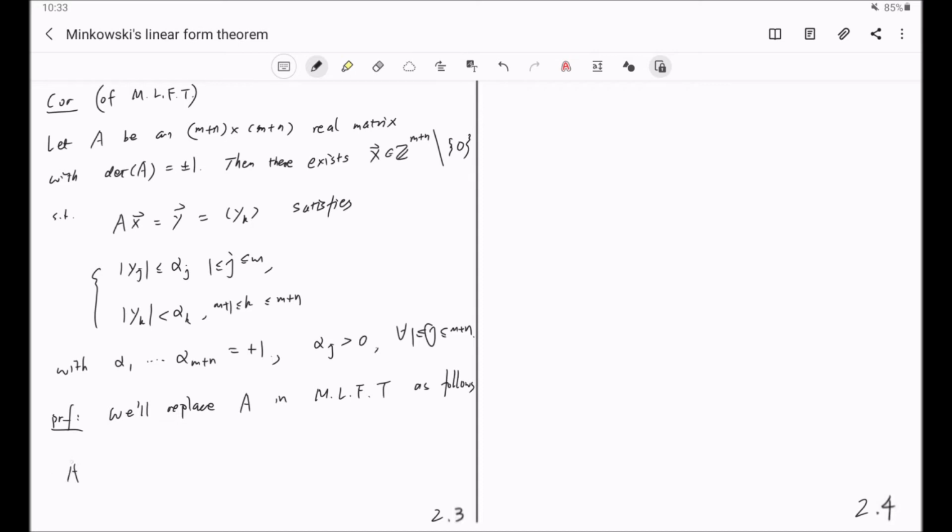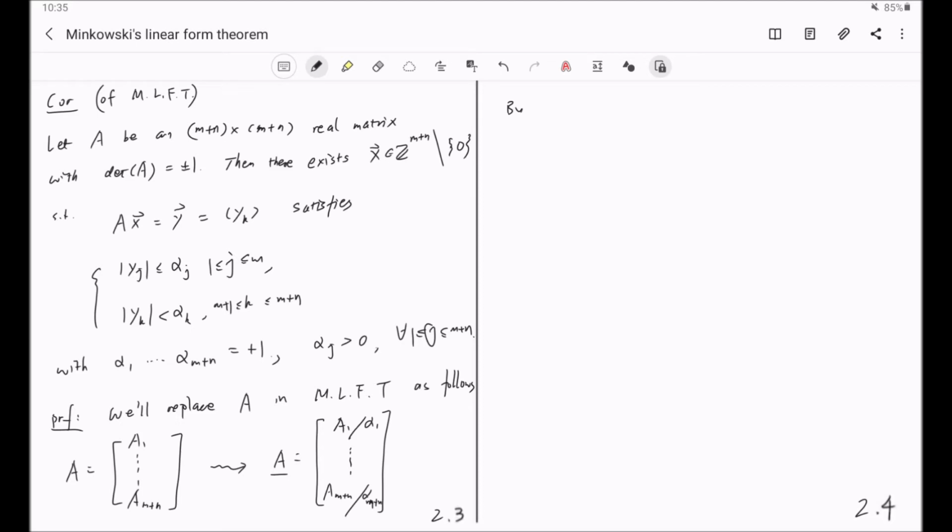If A is written as a block matrix with rows A1 through A sub m plus n, then you take A underlined to be this matrix. So this underlined A will play the role of A in the Minkowski linear form theorem above.